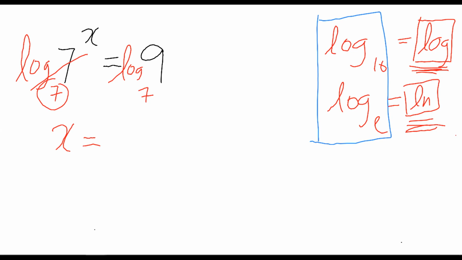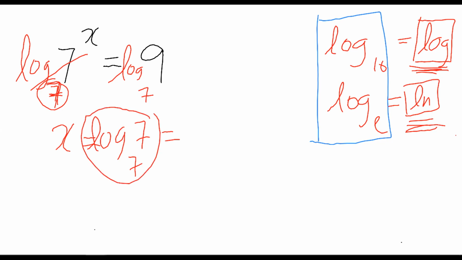Or even if you don't notice it, you bring the x to the front, and then x log base 7 of 7. You just write it like that. And on the other side, log base 7 of 9. And you know that log base 7 of 7 is anyway 1, so that's just x anyway. So it works with any base.